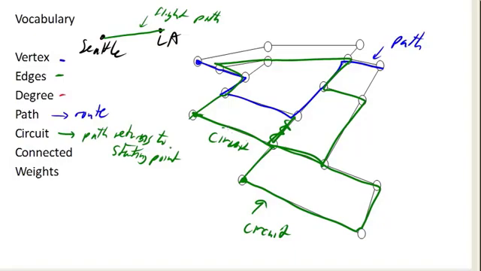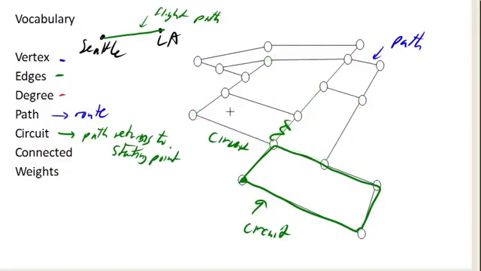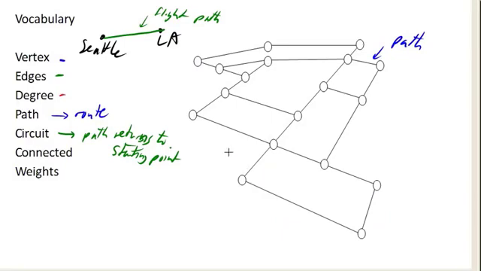So next idea is an idea called connected. In this case, this graph is connected. The reason is because if I pick any two vertices, there is a path that will get me from here to here. I can simply follow this path there.